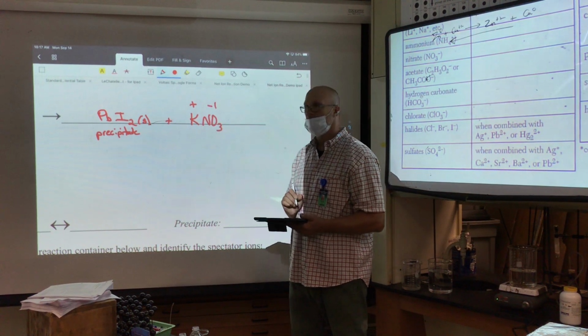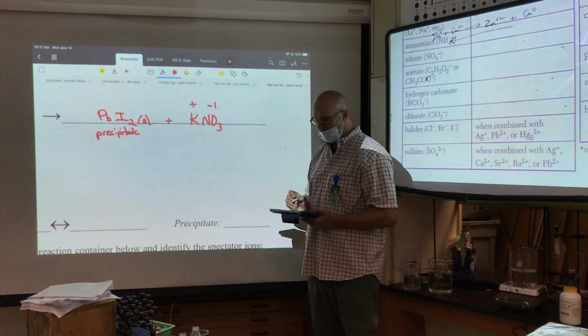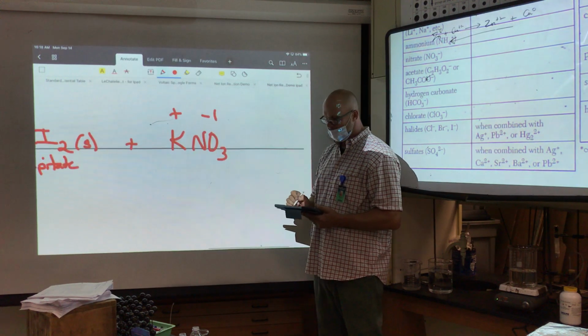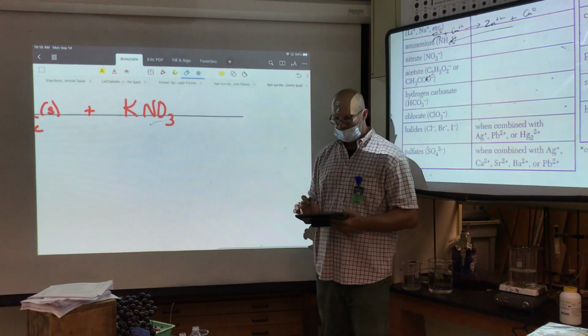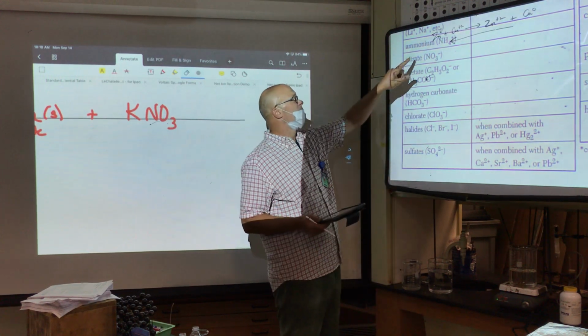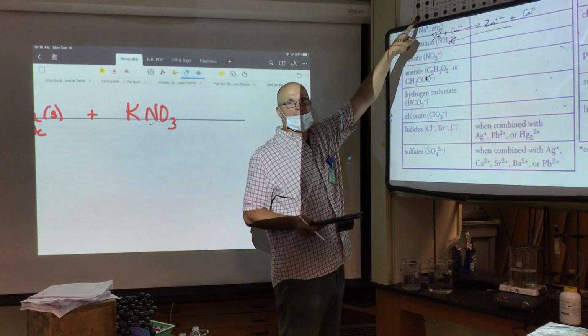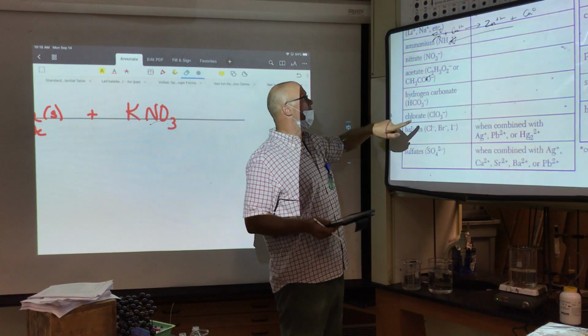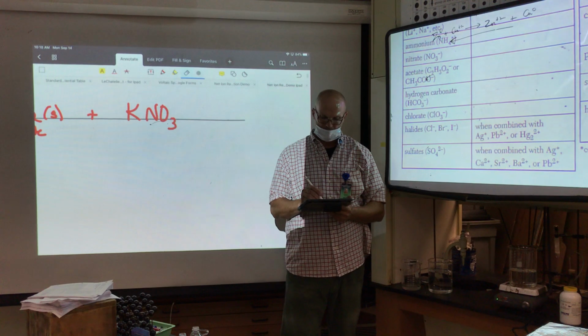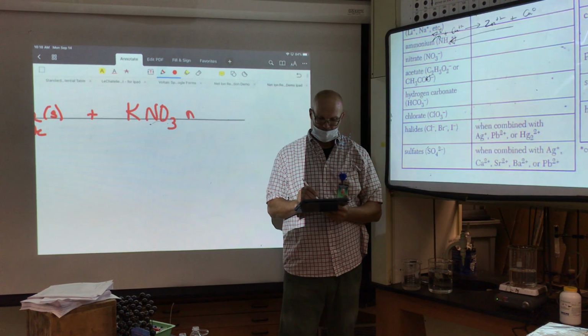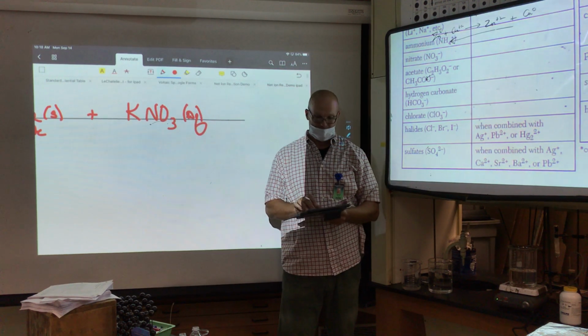NO3 negative. I put them together so the whole thing is 0. Now before we say, well, wait a minute, KNO3 is what? K is a group 1 ion, isn't it soluble? Nitrates are always soluble. So this is aqueous. It's kind of a lie, isn't it?